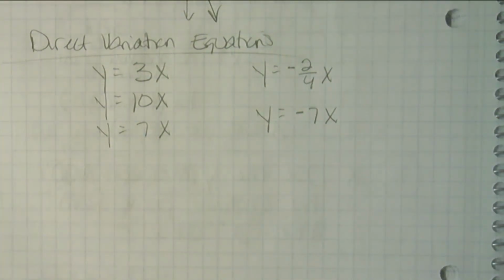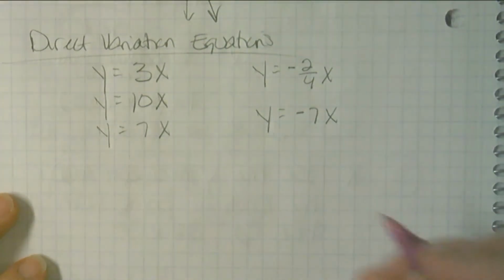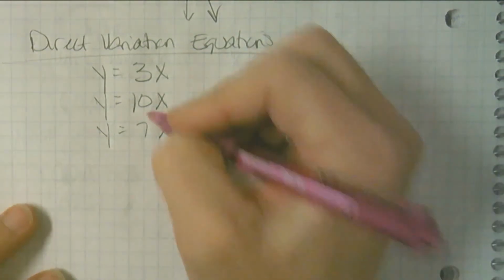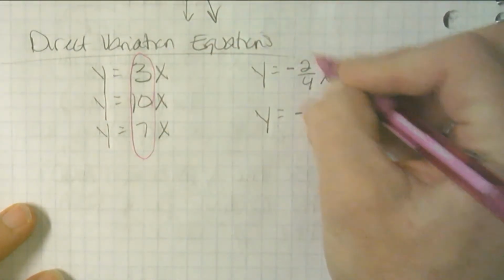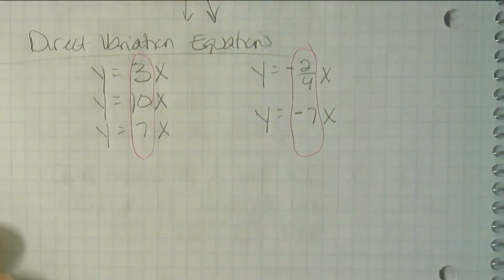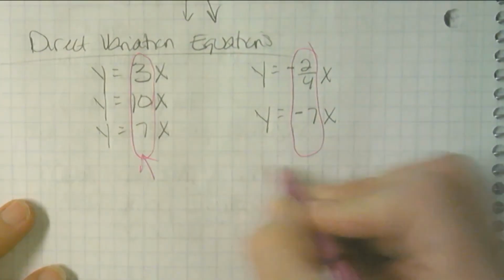What's the difference in all of these direct variation equations? What's the one thing that sets all of them apart from the other ones? They all have a different constant of variation.